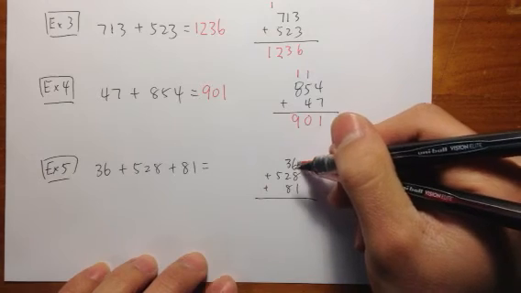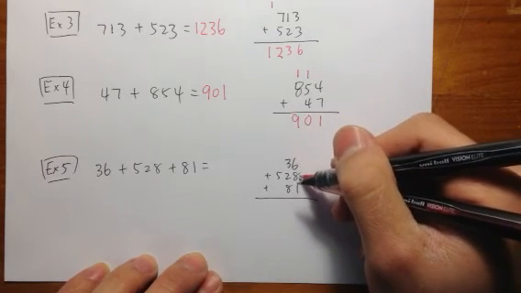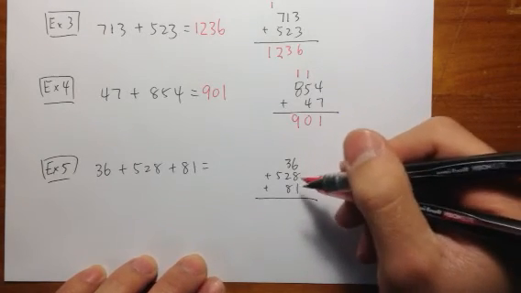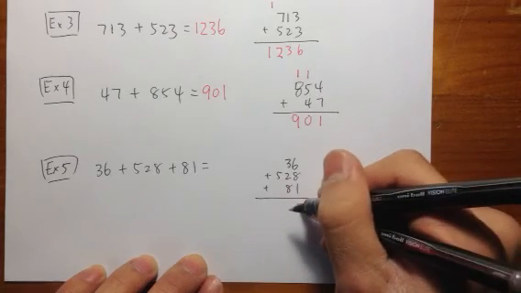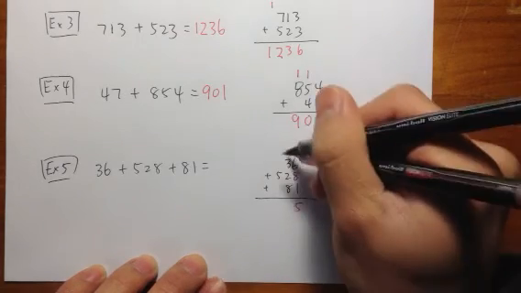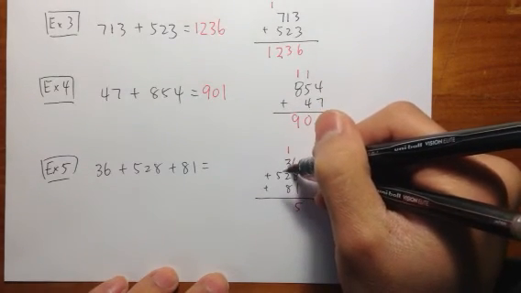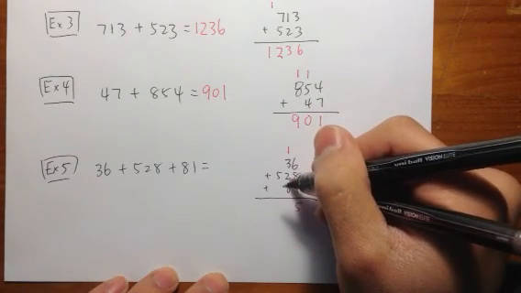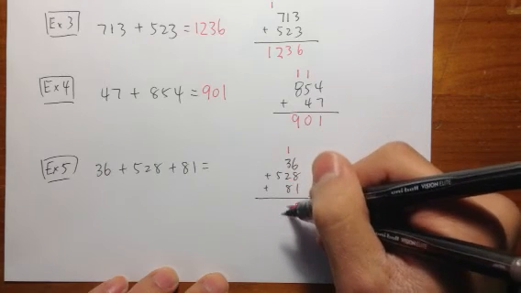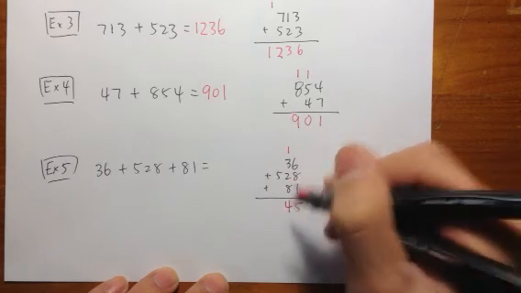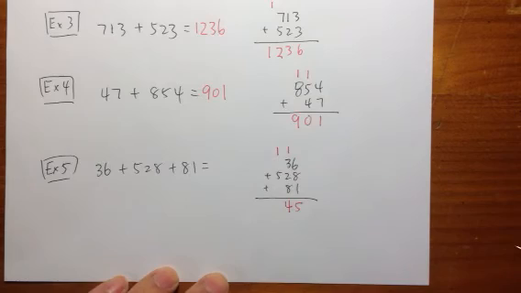So let's begin. 6 plus 8 is 14, and 14 plus 1 is 15. So write down the 5 and carry over the 1. 1 plus 3 is 4. 4 plus 2 is 6. 6 plus 8 is 14. So write down the 4 and carry over the 1.